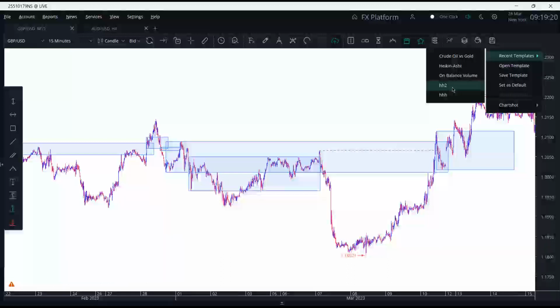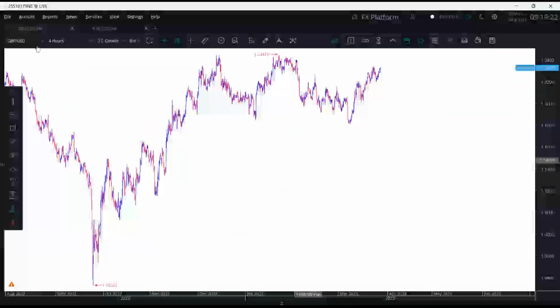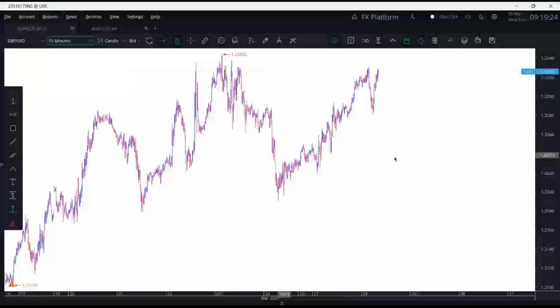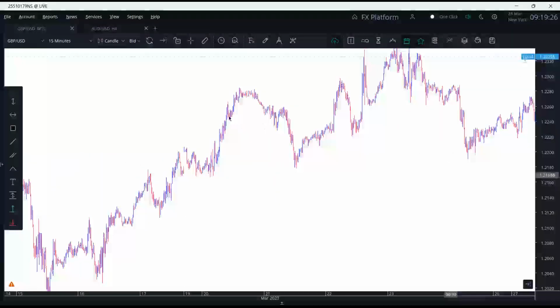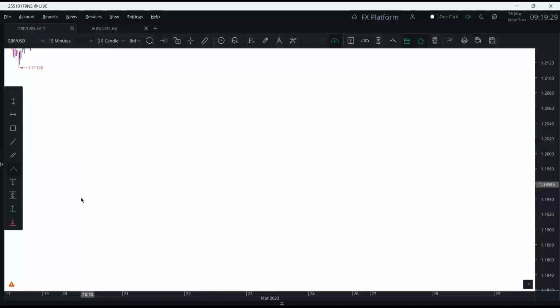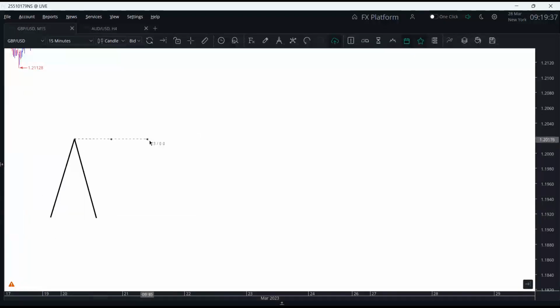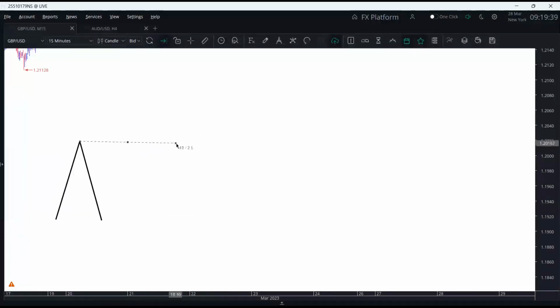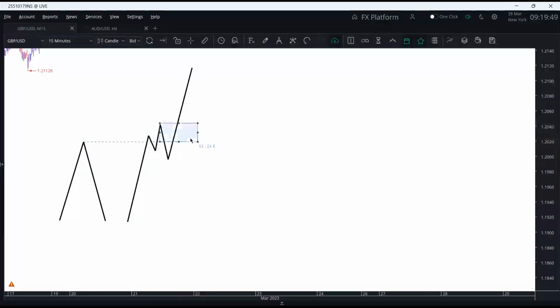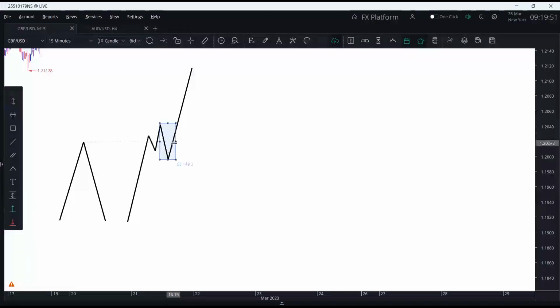Let me describe something else for you. For the FTR, I want to talk about the major FTRs. For example, here we have a support, here we have a resistance, and when price reaches this area, we have something like this. The FTR is here, as I told you, from the engulf up to the deepest retrace.